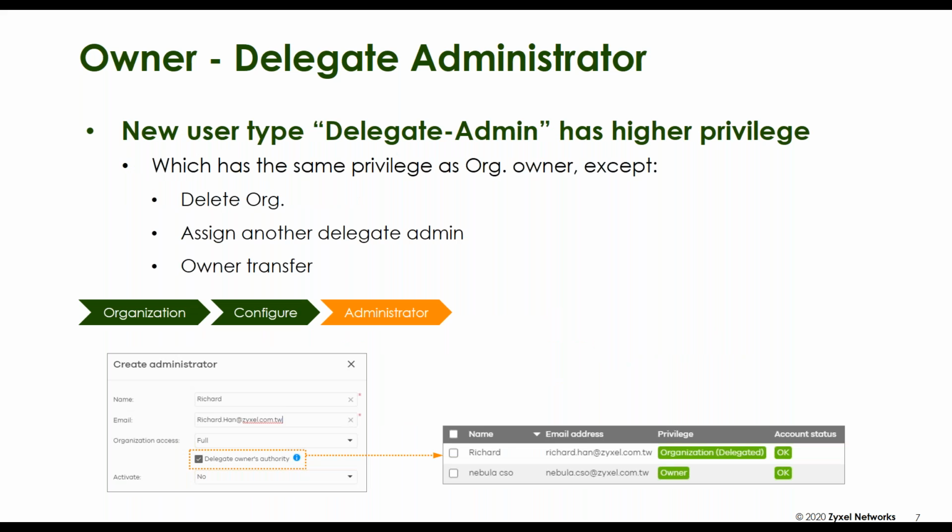To do this, you go to the section Organization, Configure and Administrator, and that will give them basically the same level of privileges as the owner. However, they can't delete the organization, they can't assign another delegate admin, and they can't transfer the ownership. So the ownership in essence still sits with the owner, and the delegate administrator has every single permission except for those three. So basically they can't relinquish the owner of any sort of control.